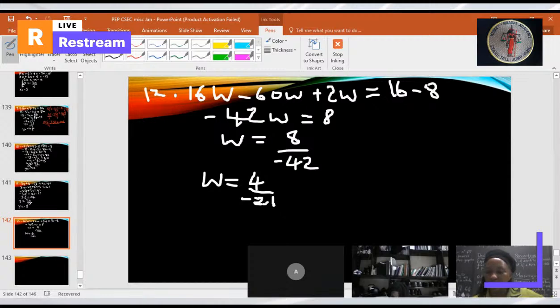So when we're doing algebra again, I think we'll be able to move on, factorize and then quadratic.